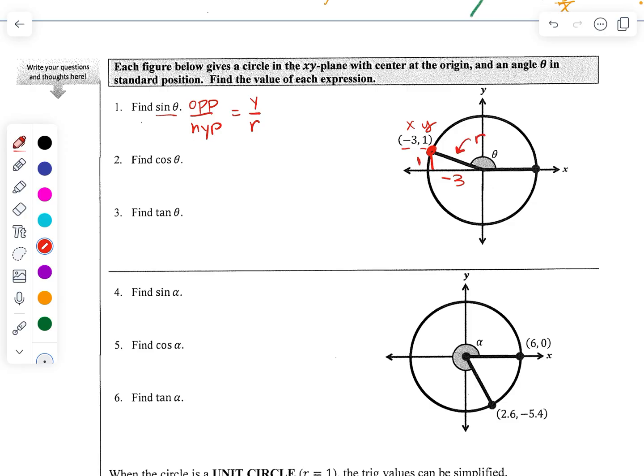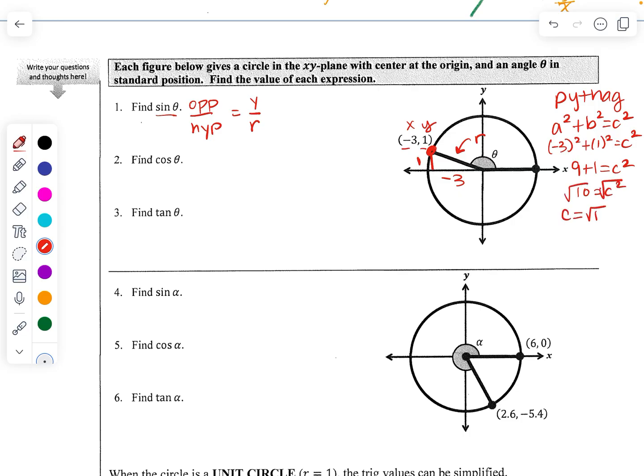Well, we know we have to find the radius. You can use the Pythagorean theorem to find the radius, where we know a squared plus b squared equals c squared. So these two sides are -3 and 1. So we're going to find that hypotenuse. So that's going to be 9 plus 1 is c squared. That's 10. Let's take the square root of both sides.